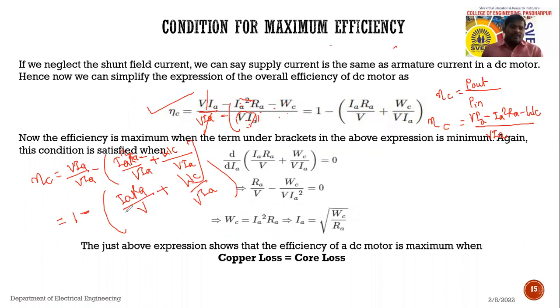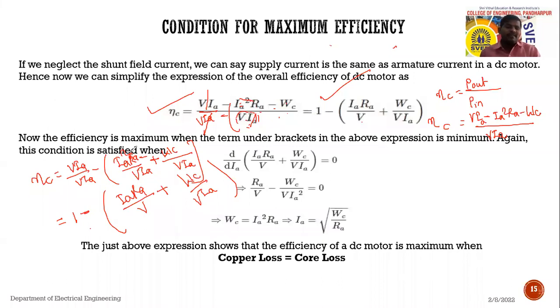Right? See, this is one equation we have derived: 1 minus IA RA divided by V plus WC divided by V into IA. Now efficiency will be maximum. When do we get maximum efficiency?